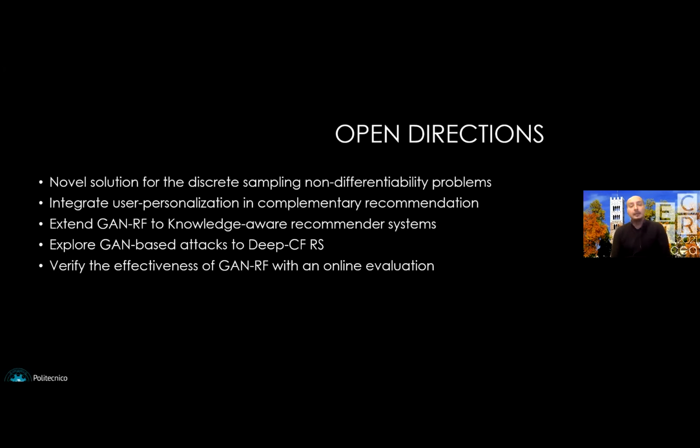And finally, we think that the times are mature enough and GANs are mature enough to move from offline evaluation to online evaluation. And there we could see the effects of this kind of recommendation on real people. And that will be particularly interesting for our community.